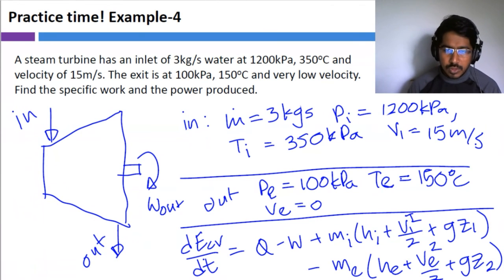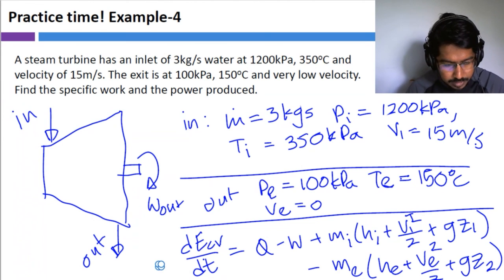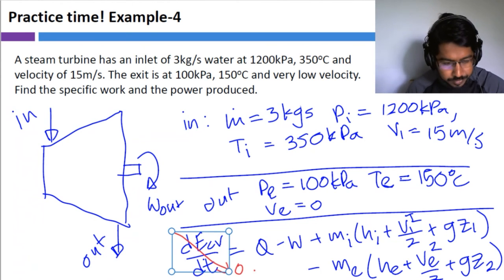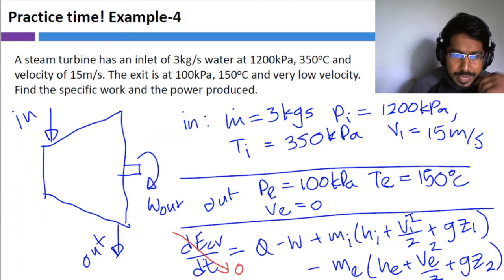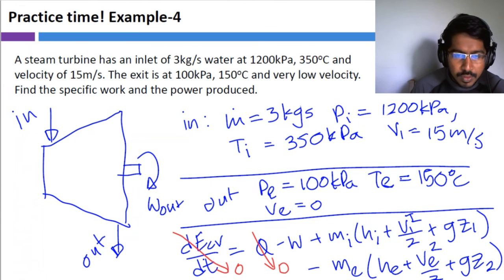Right? So now we are here, and let's apply our assumptions. Assuming steady state conditions, we can say that this is 0, right? And assuming quick operation and adiabatic conditions, we can say this is 0. And W, we cannot of course say 0 because it is something very significant in a turbine.